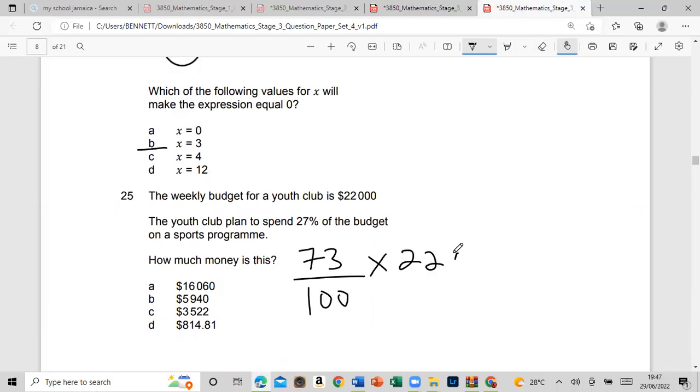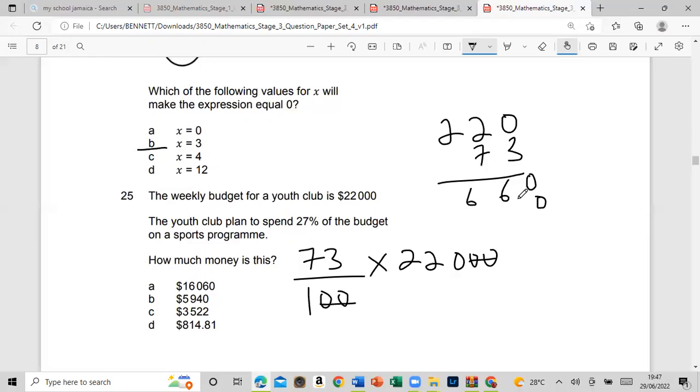So look at this here. I don't know why they use big numbers here sometimes. So that'll be 220 by 76. 0, 7, 0, 0, 7 is 13, 7 is 14, and 1. So if I add this down: 0, 6, 4 and 6 are 10, 0 and 1. So we get another 6 here. So 16,060.